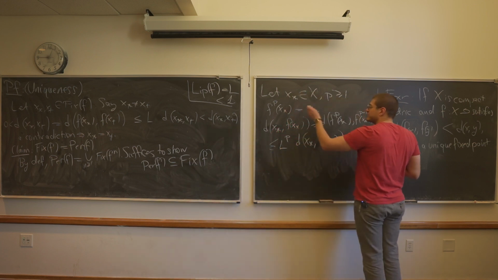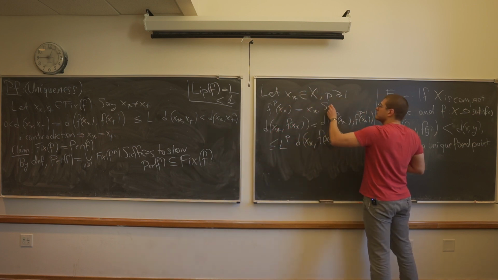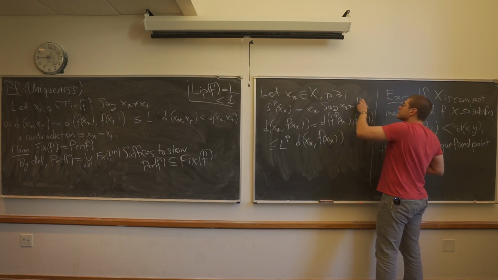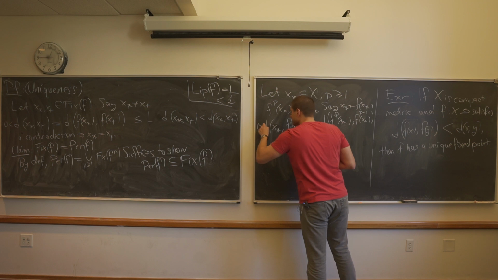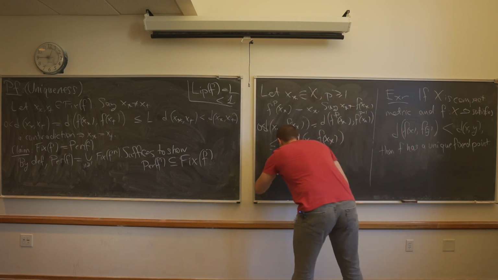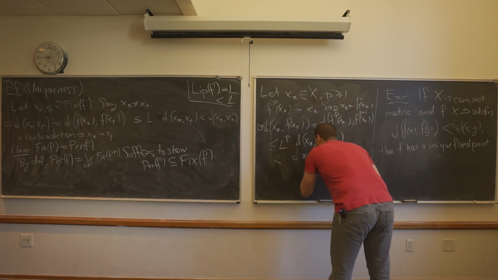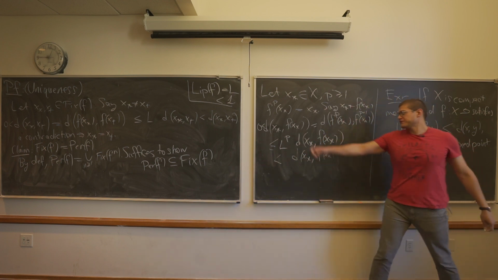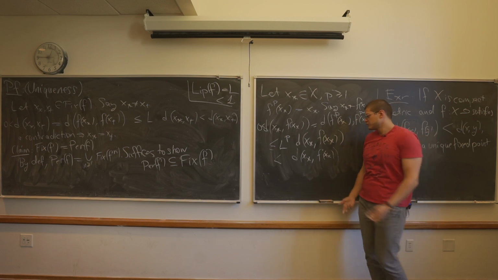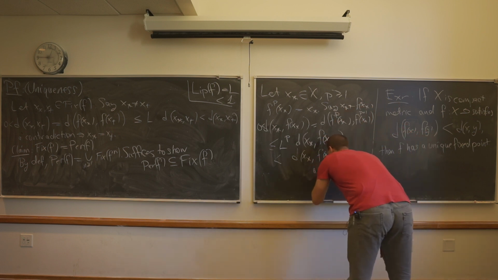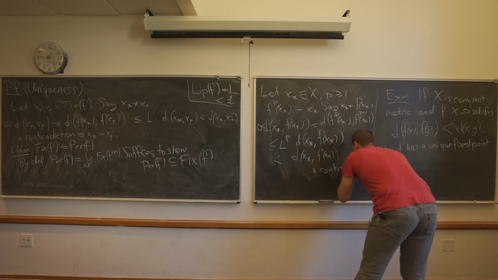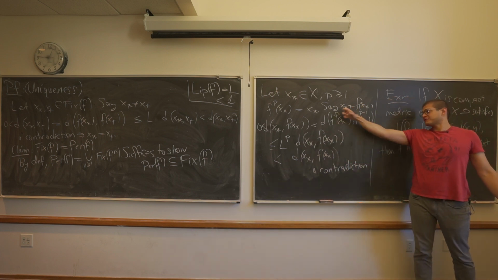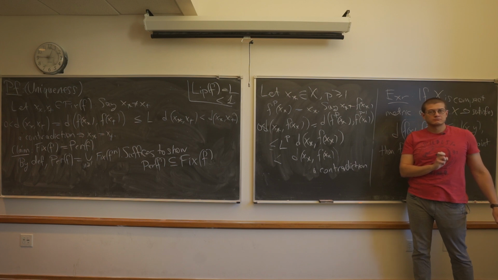You see the same argument, basically. Say they're not the same point, which means that this is a positive number, and then this is bounded by this. Then there is no positive number that is strictly less than itself. Which means that, in fact, f of x star has to be x star.